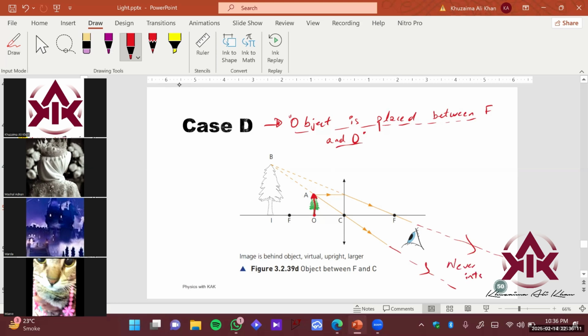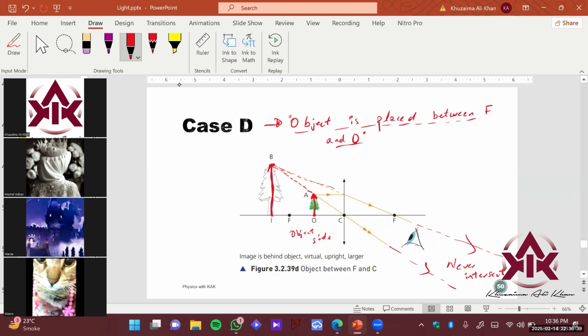So this sort of image is formed on the same side as the object. How is it formed? When I extend the lines virtually backwards using a scale, there is a point where they intersect, and that is the point where your image is formed.